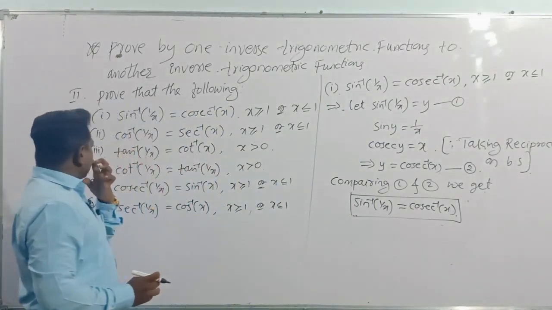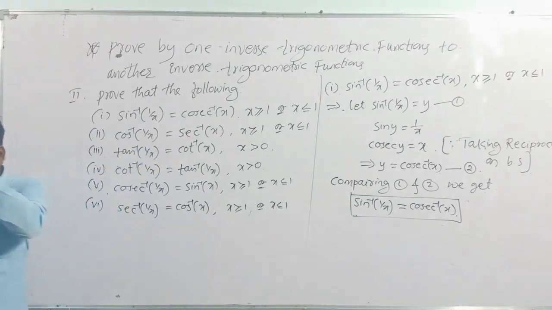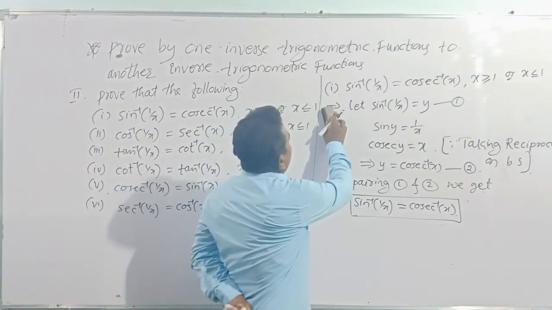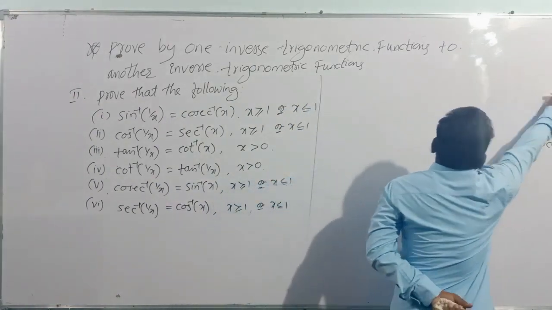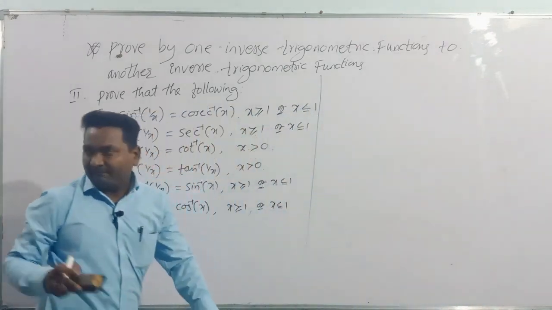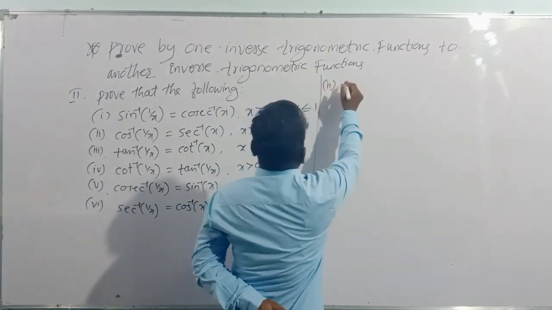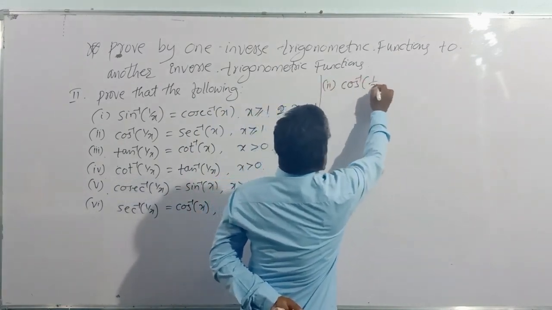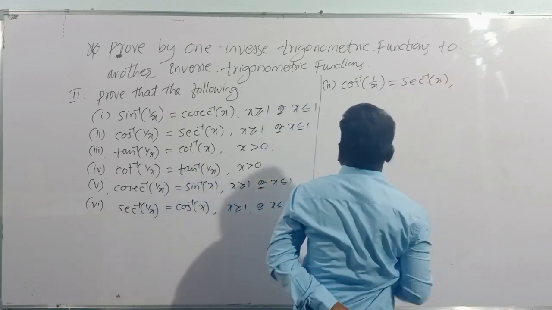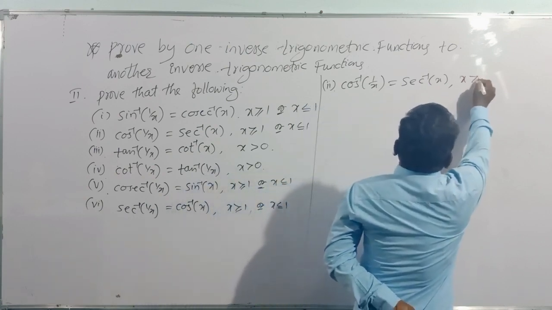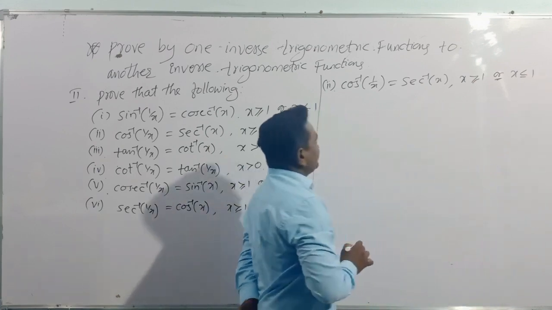Now the second one is the same case, cos inverse 1 by x is equal to sec inverse x. Here also x is greater than or equal to 1 or x less than or equal to minus 1.